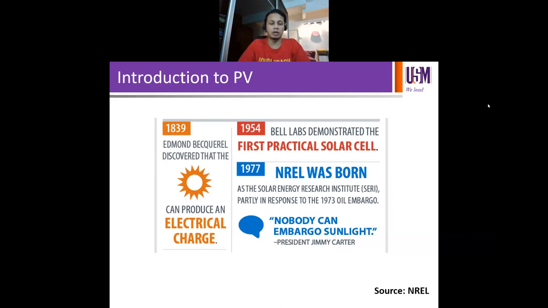So it's a long time for the scientists back then to understand what's going on and to manage to demonstrate the first working cell, which was demonstrated in Bell Lab back in 1954, right? And this information is from NREL, the National Renewable Energy Lab in Colorado in the USA.